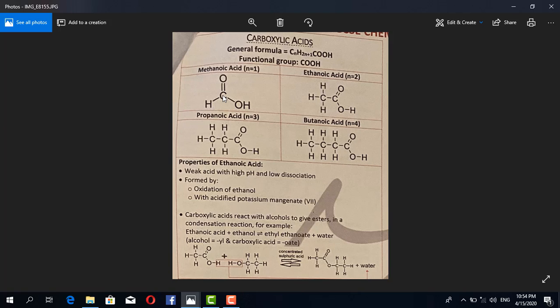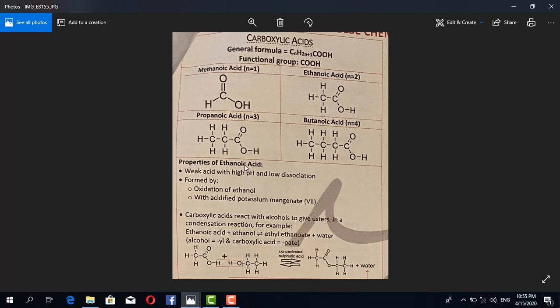But look, the COOH over here is the carboxylic group, and since I've got one hydrogen left, it's methanoic acid. Ethane is C2H6, as we took in alkenes and alkanes, but here, the COOH is the carboxylic group, and what is left of the ethane is CH3.